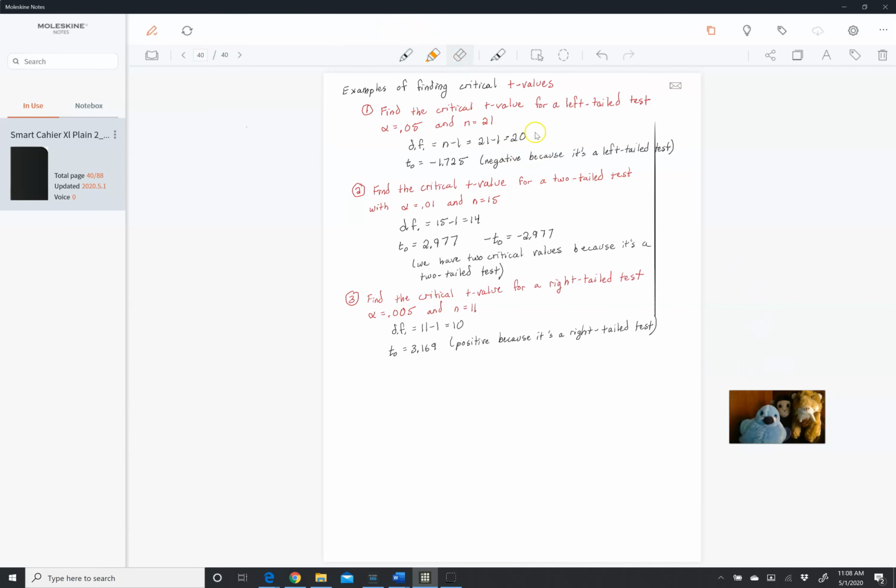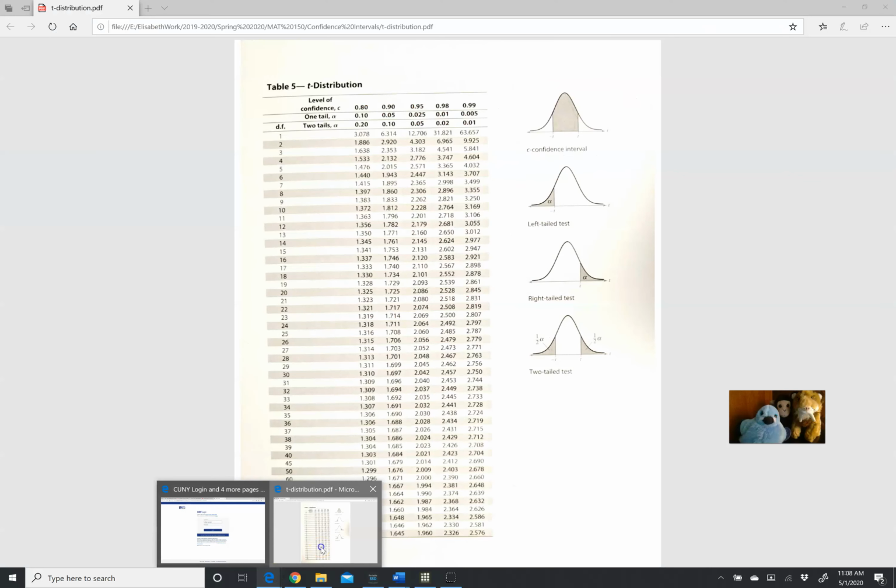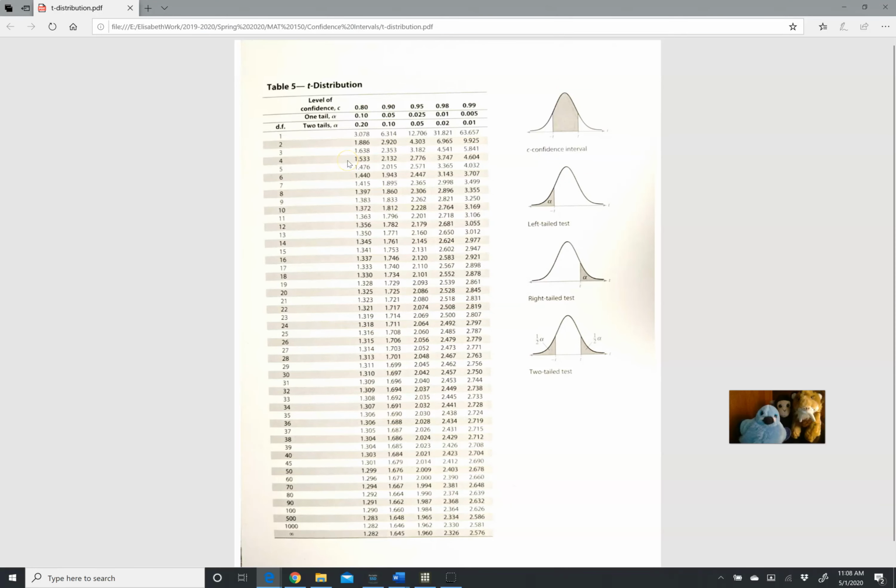Just to give you a little bit more practice, if we were doing a right-tailed test with a level of significance of 0.1 and degrees of freedom of 6, it would be a positive 1.440, positive because it's right-tailed.